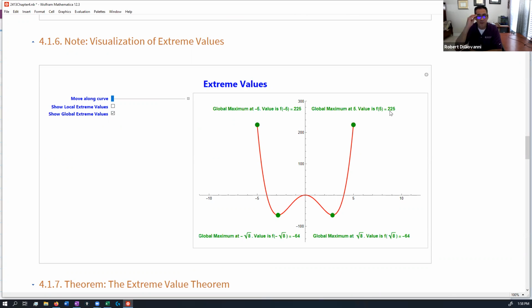That's the global maximum. Now, it happens at 2 different places, but the global maximum of the function is 225. Likewise, the global minimum of this function is -64, but it happens at 2 places. So we wouldn't say that you have 2 global maximums. You would say you have 1 global maximum occurring in 2 places.